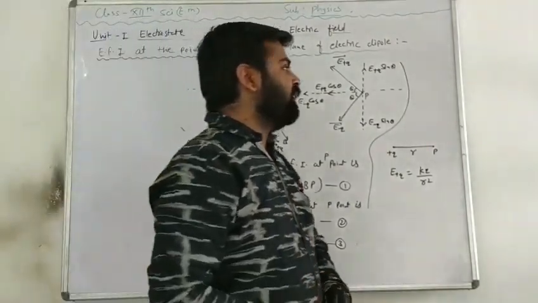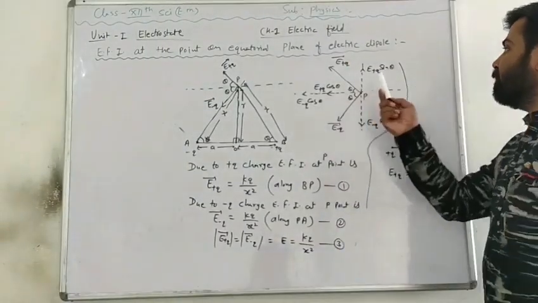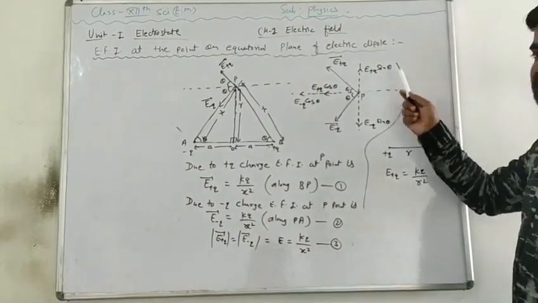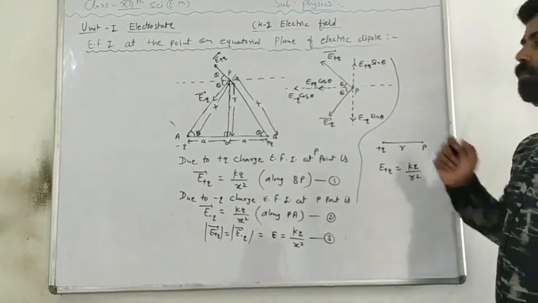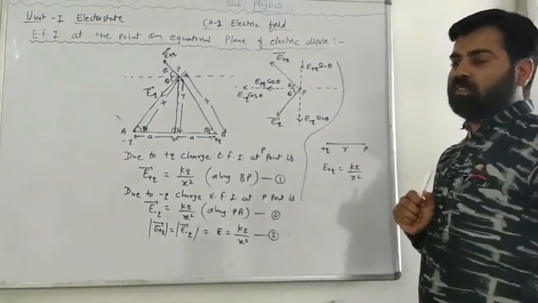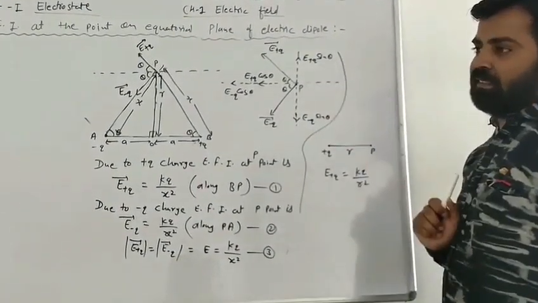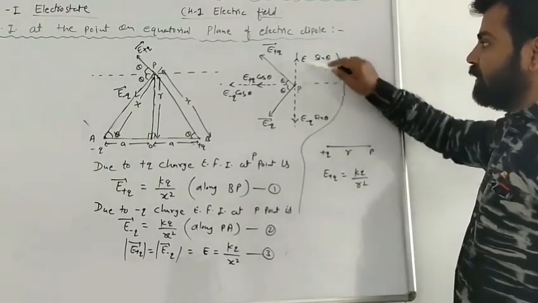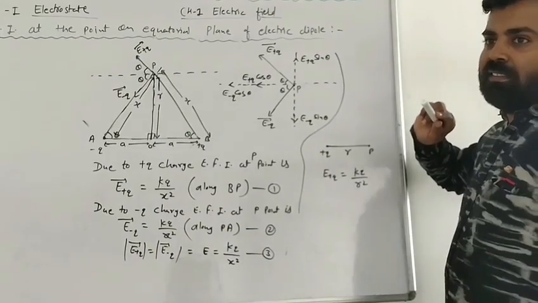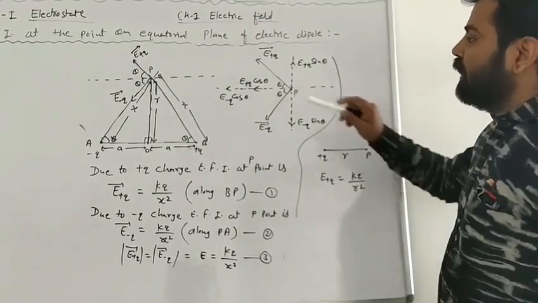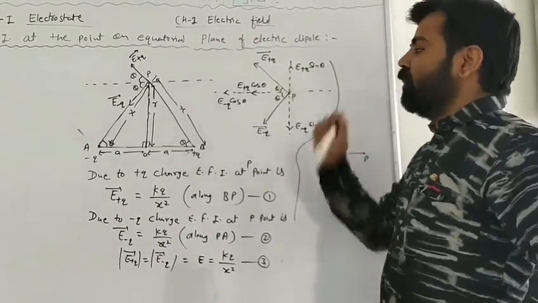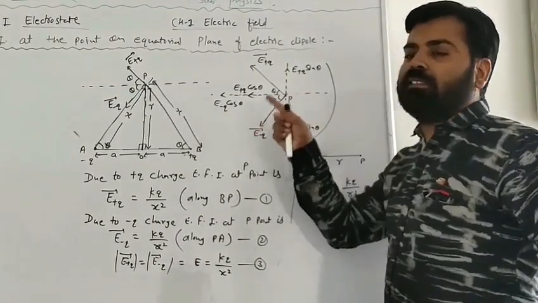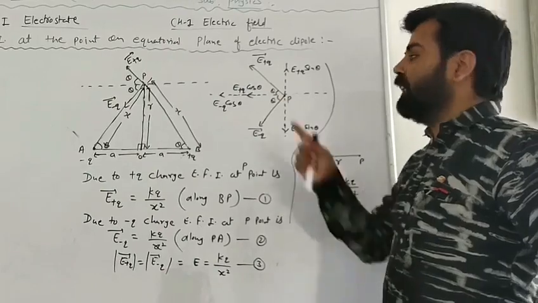Again, the vertical components are in opposite direction but same magnitude, E sin theta, so they cancel each other, and the horizontal components are in same direction and same magnitude, so they will be added.